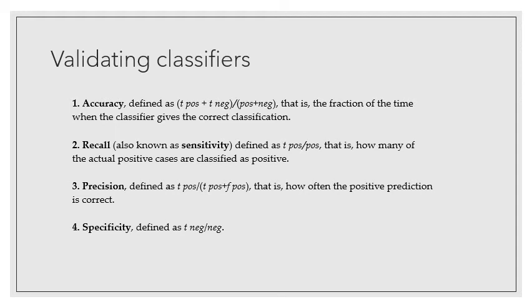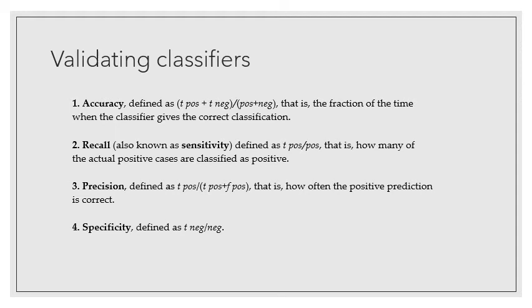A true positive is a case where the prediction was positive and the person actually had the disease, while a false positive is a case where the prediction was positive but the person did not have the disease. True negative and false negative are defined similarly for the case where the prediction was negative.